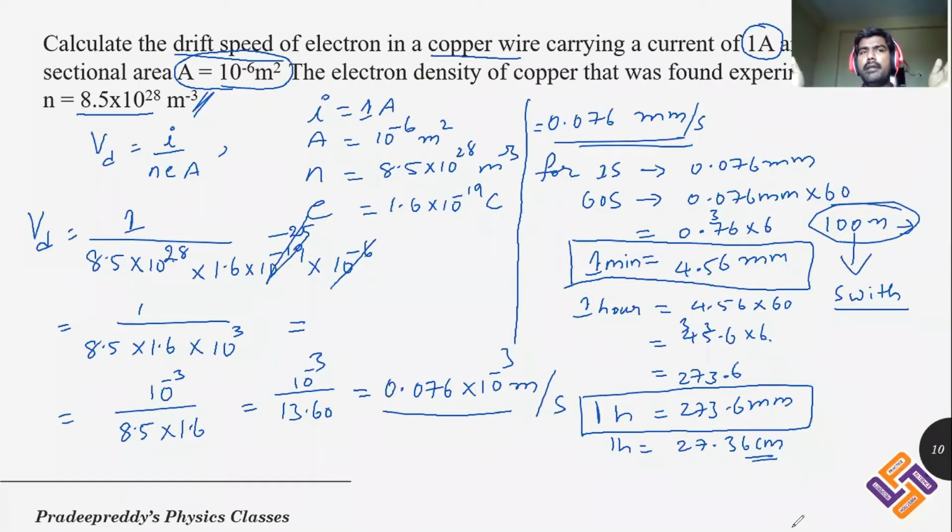Even the bulb can be at a distance of 1 kilometer. Like the street lights, they have a common switch at one point, and when the electrician switches on that common point, all the street lights glow at the same time. If the drift speed of the electrons is very, very small, then how is it possible?